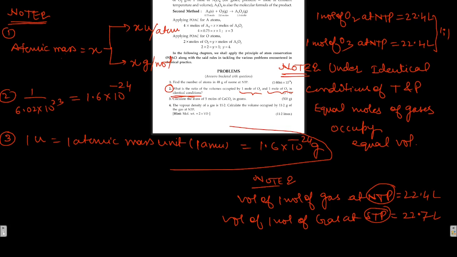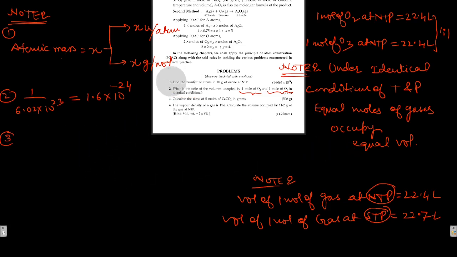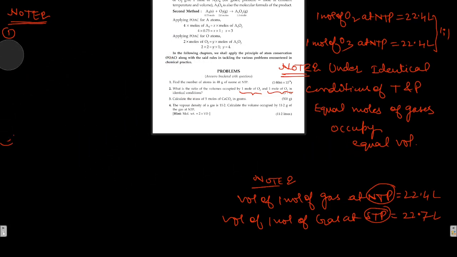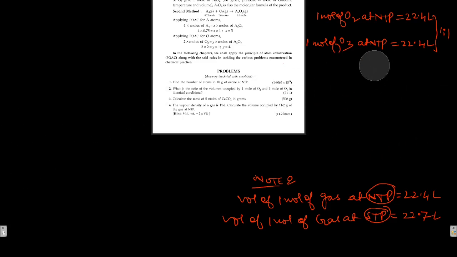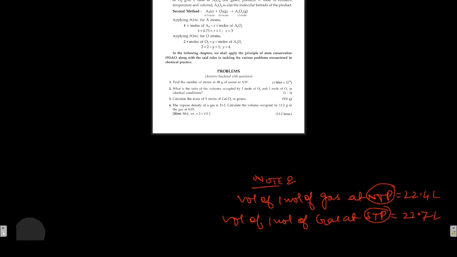Now we have to solve question number 3. The vapor density of a gas is 11.2. Here, vapor density is given as 11.2.